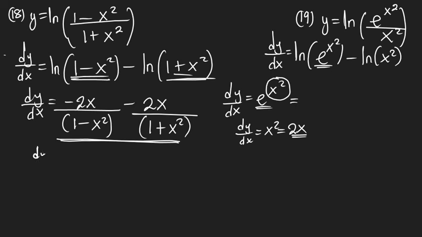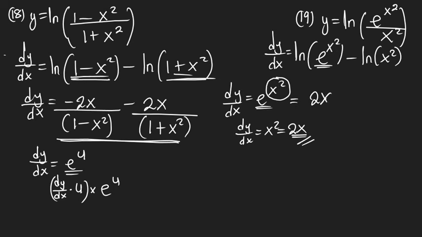Whenever you're finding dy dx of, let's say, e to the u, the answer is the product of dy dx of u, then you multiply it by e to the u original. So in this case, what was our dy dx of u? Dy dx of u was 2x, so we are multiplying the 2x by e to the x to the 2, and then we're going to get 2x e to the x to the 2. Okay, that is going to be our dy dx inside.